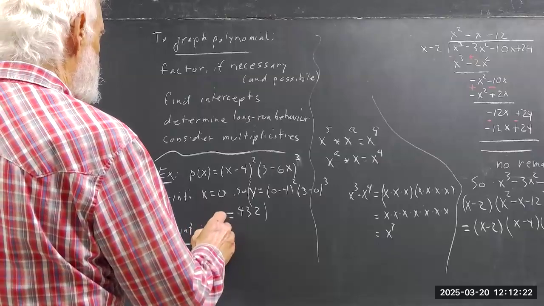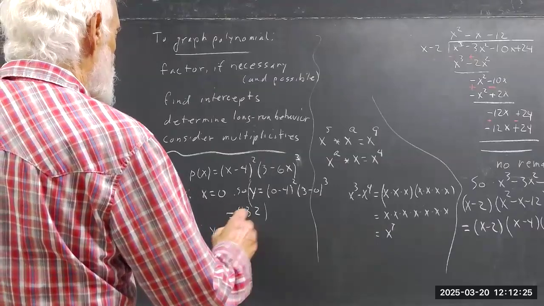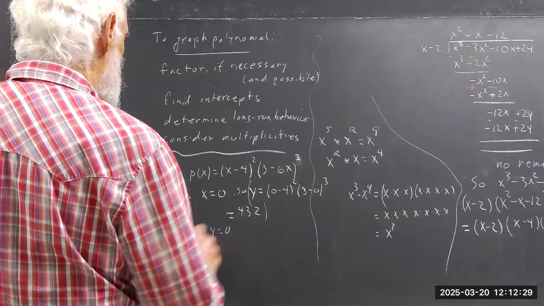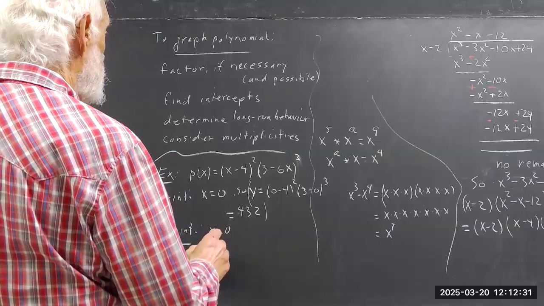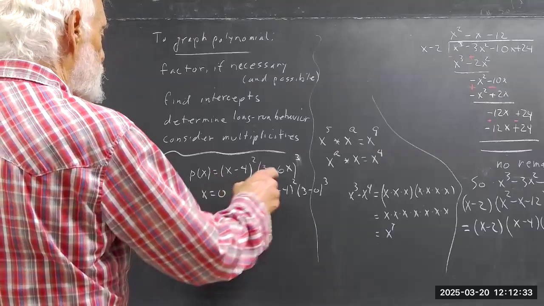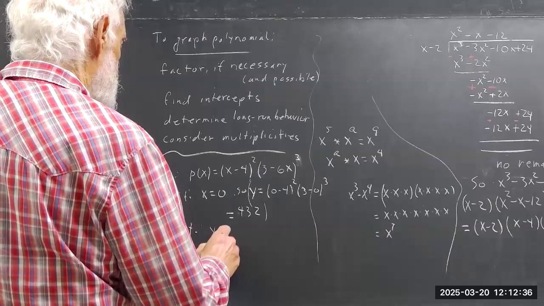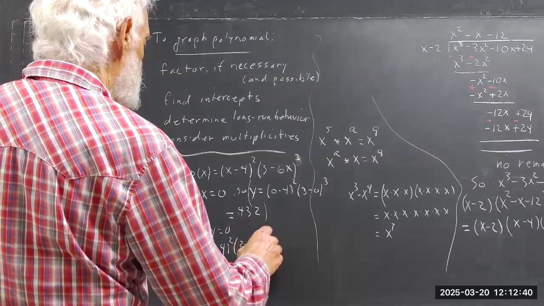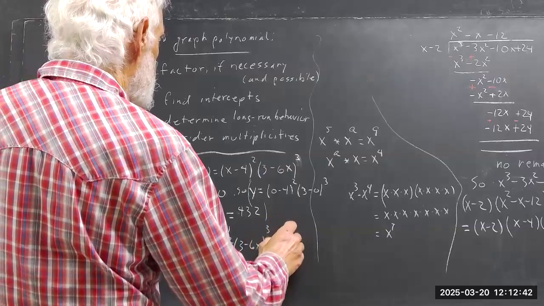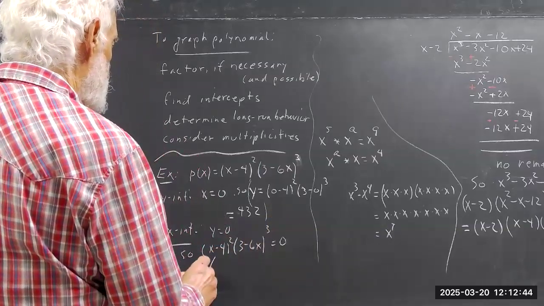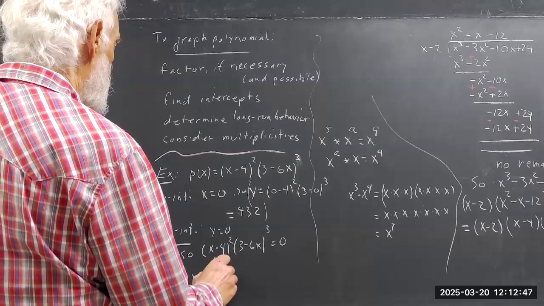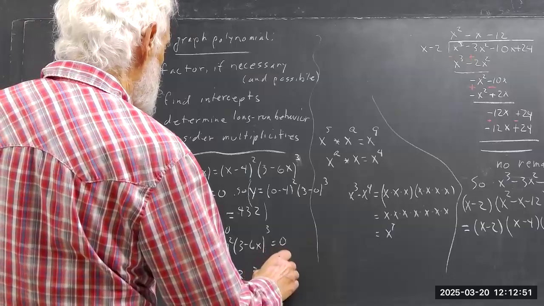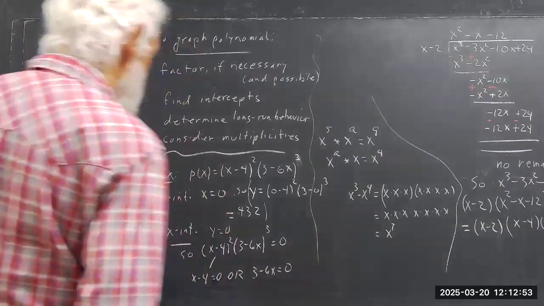X-intercepts. Y equals 0. So y equals p of x, which is x minus 4 squared, times 3 minus 6x cubed, equals 0. This means x minus 4 is 0, or 3 minus 6x equals 0.